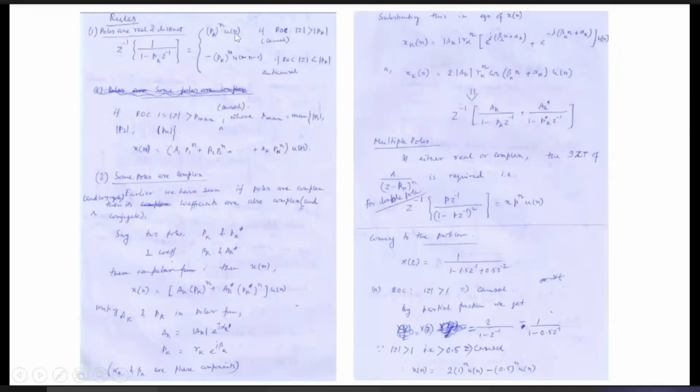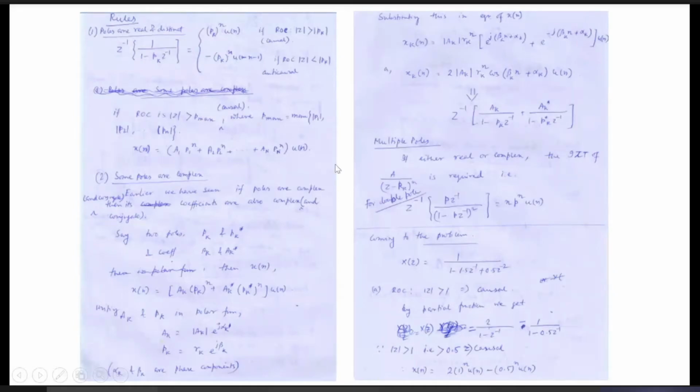If ROC is greater than some value, then it should be a causal sequence. If ROC is less than some value, it is an anti-causal sequence. Let's not go into all this in detail. We just take one example.